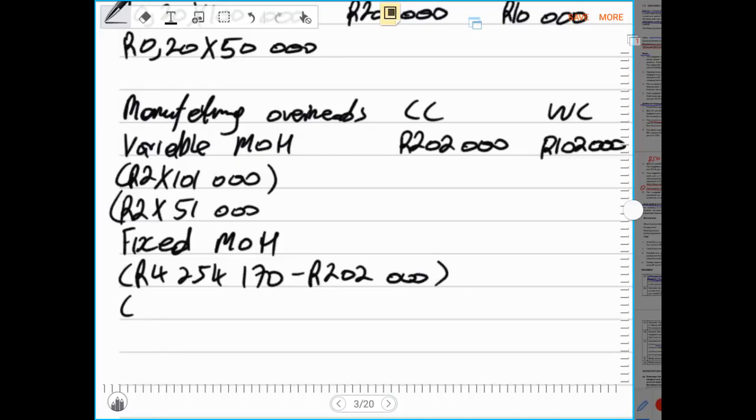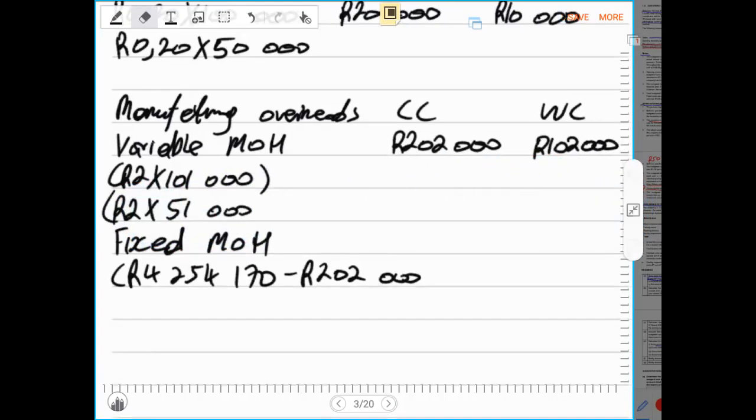And in fact I have to deduct both of them because they did not tell me how to split the fixed overheads. So now I have to combine them. I cannot split them for each product. Then I have to deduct again the 102,000 rands, which is for product whole wheat.